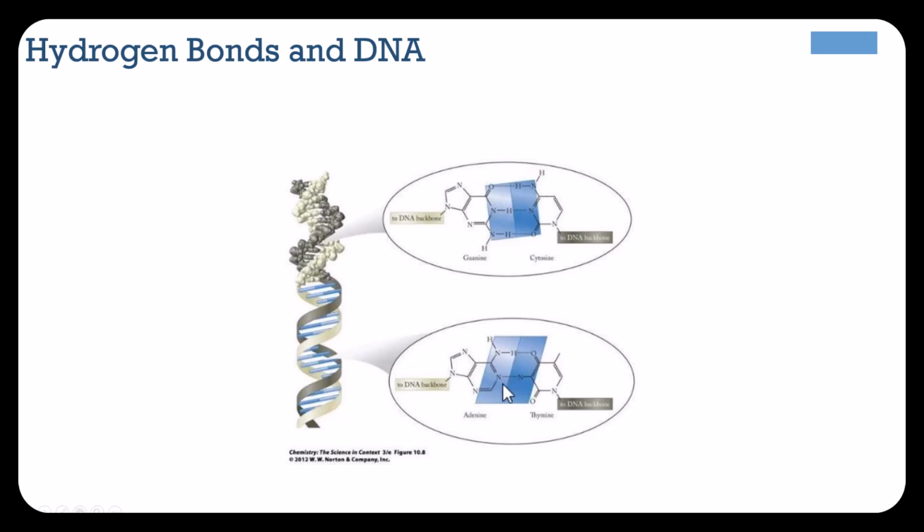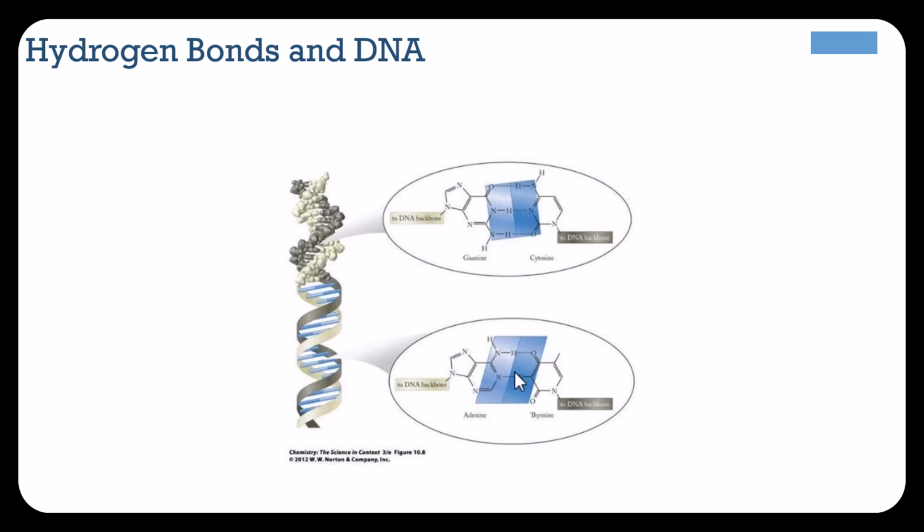We come down here to adenine and thymine, and we see the same concept, but we've got 2 areas where hydrogen bonding can happen. So what holds the 2 backbones of DNA together is hydrogen bonding. Hydrogen bonding is strong enough to connect these strands to hold DNA, which is a very, very important biological molecule. It's strong enough to hold this DNA together.